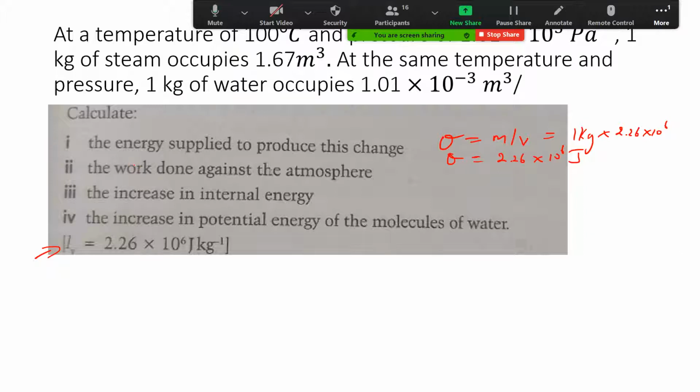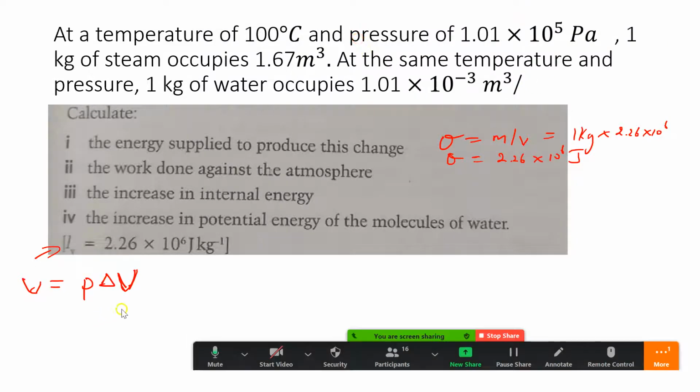So in this case, we're going to use the equation that says work is equal to pressure times the change in volume, because there's a change in volume, and we know the pressure that is supplied to the system.